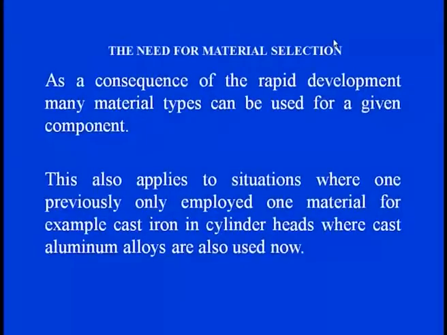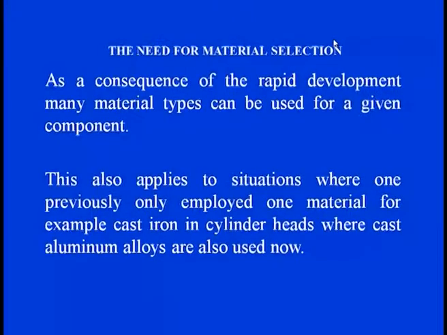So, when we are talking about all these properties of the material, the researchers are playing with the material properties with their own constitutions, with the addition or subtraction of any part of it, and the same can also be applied to situations where damping is a requirement.